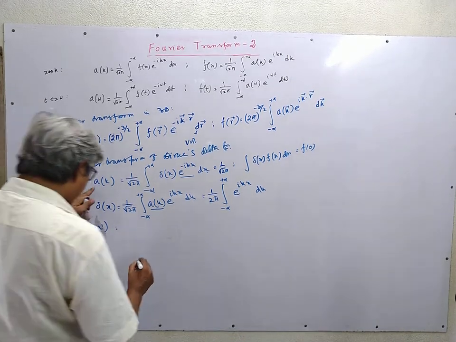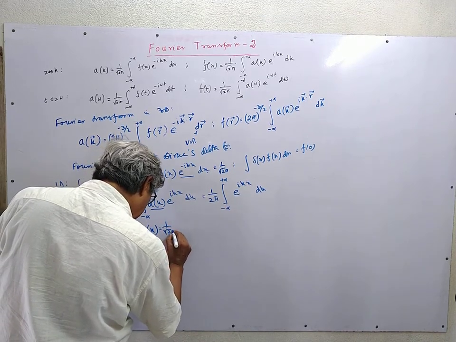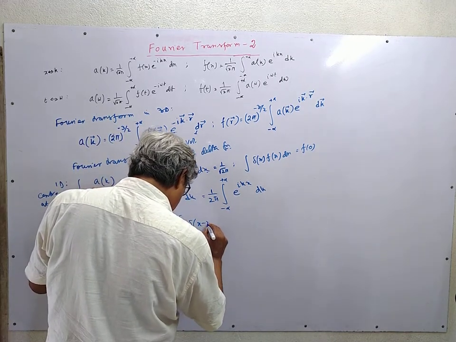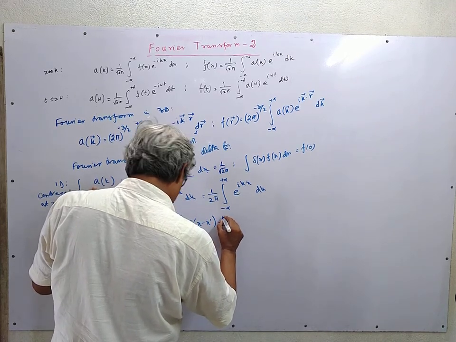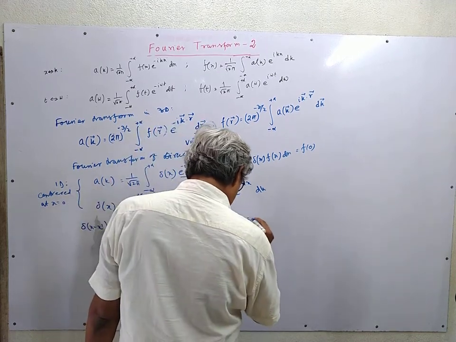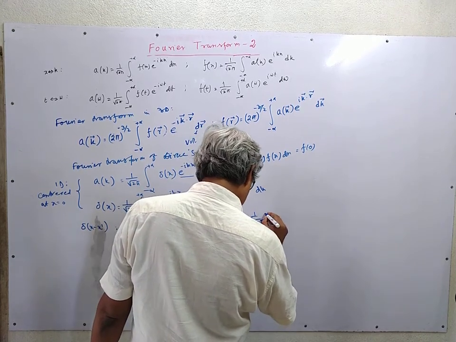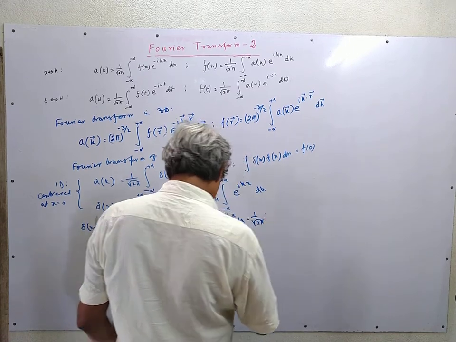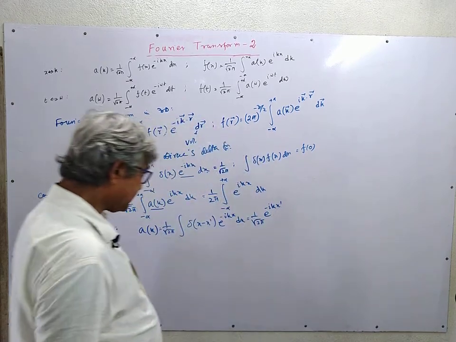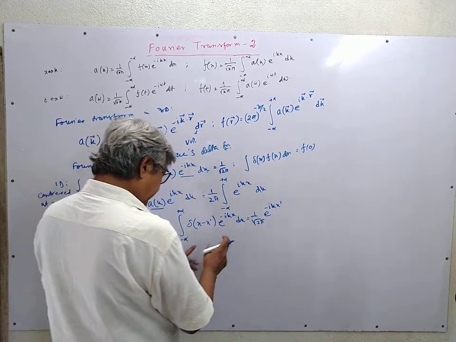The corresponding a of k would be the integration over all space, and on integration over all limits, you will have only this.